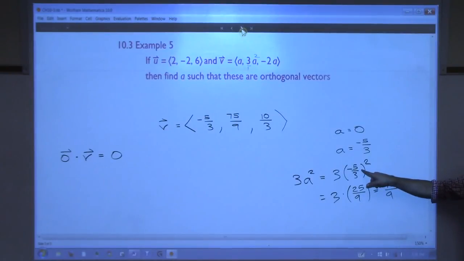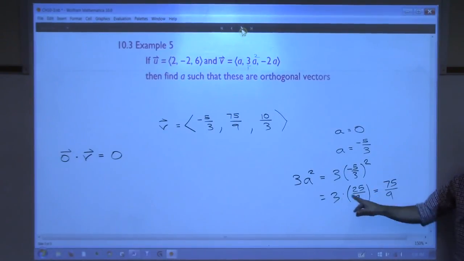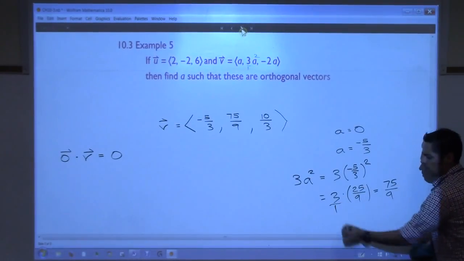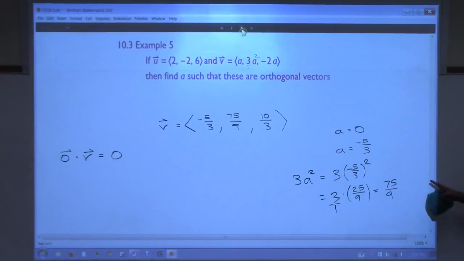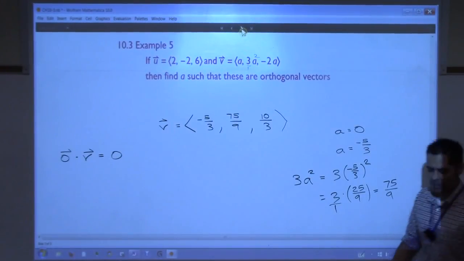So you square this first. 25 ninths. 3 times that, 3 goes across the top, 75 over 9. 3 over 1. So that's right. Is that what you're referring to? Okay.